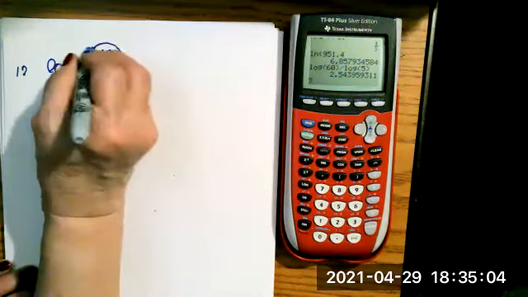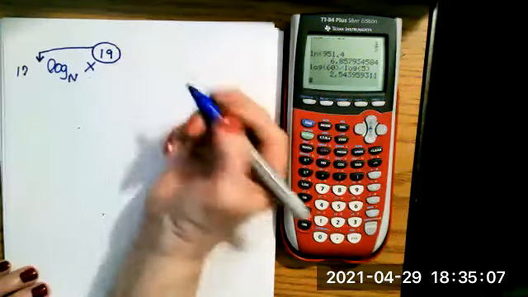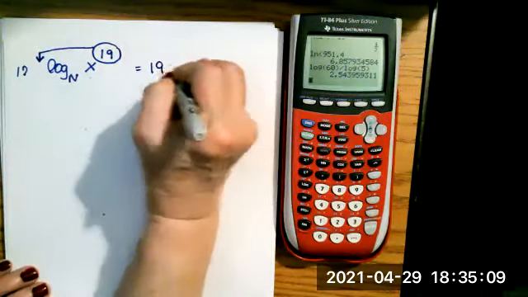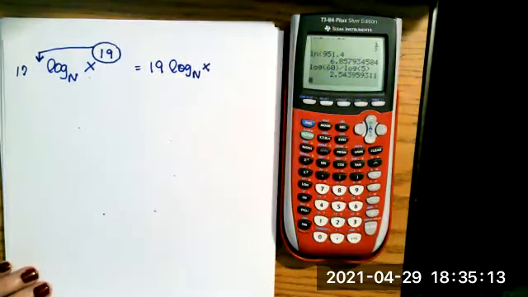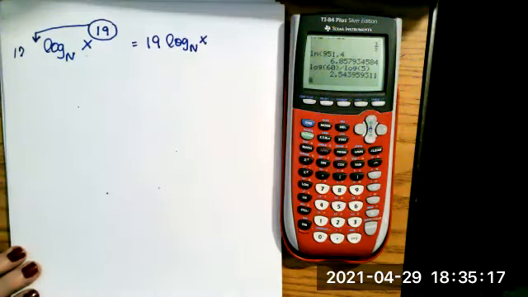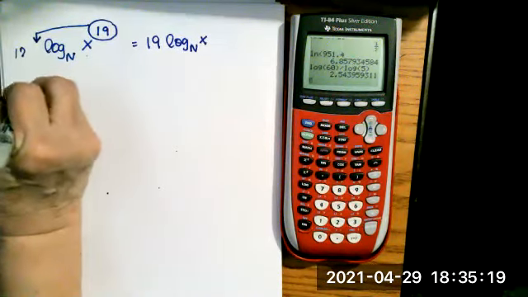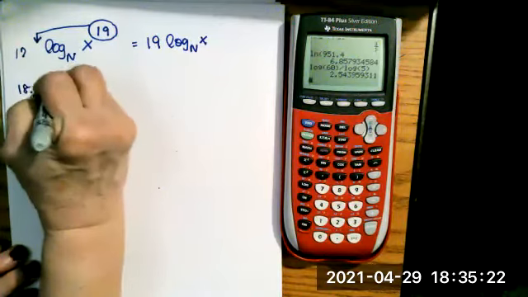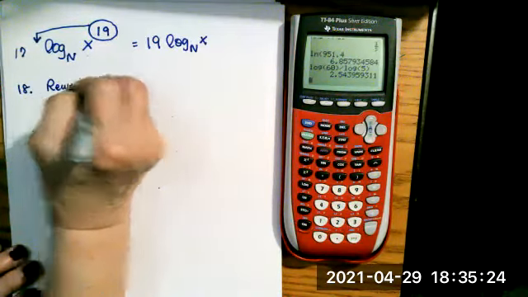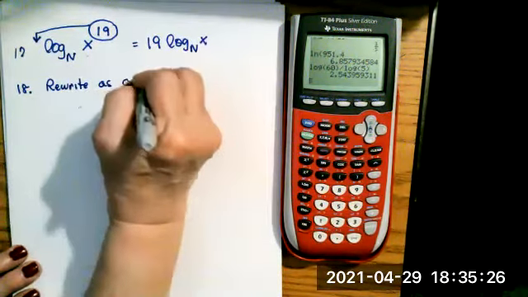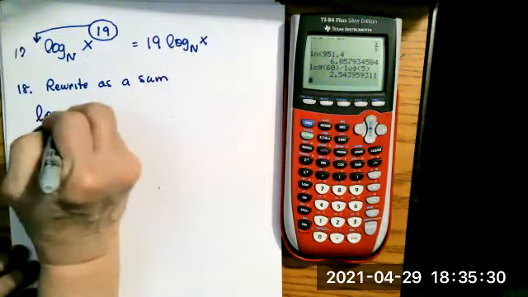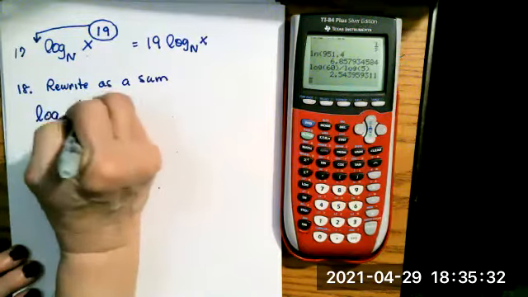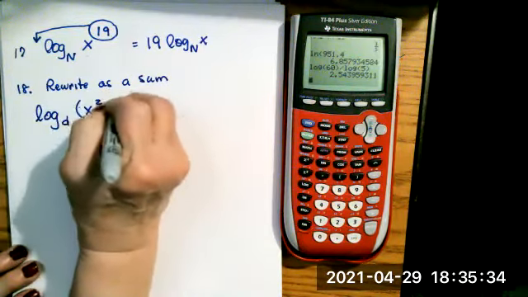You bring this 19 in the front, and it will say 19 log base n of x. That's all you're doing is bringing that 19 in the front. Number 18 says rewrite as a sum. Now this one might be a little harder for you because it has multiple things to do.